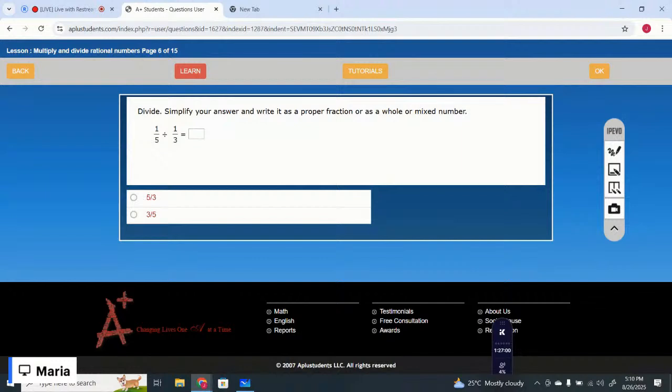Next, 1 by 5 divided by 1 by 3. So the correct option is 3 by 5.